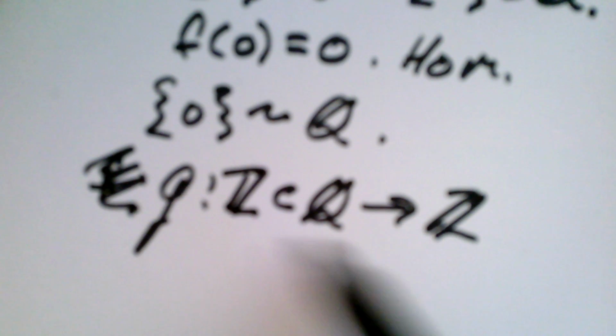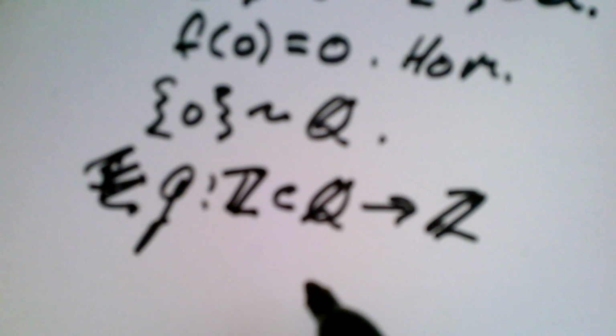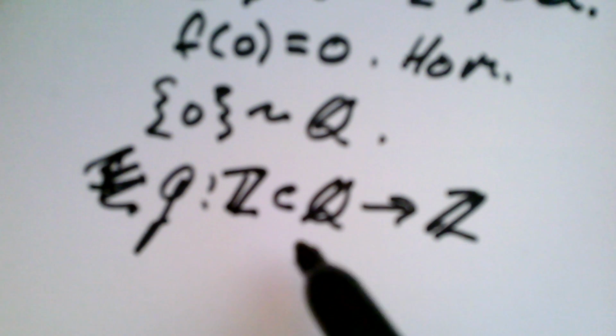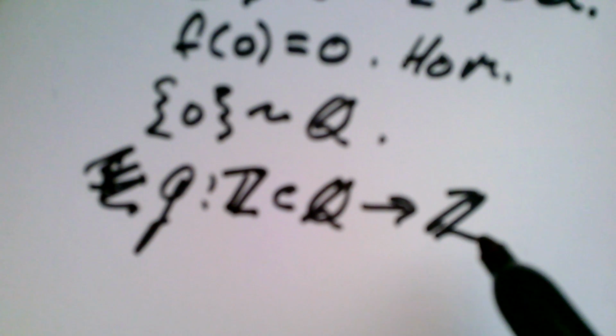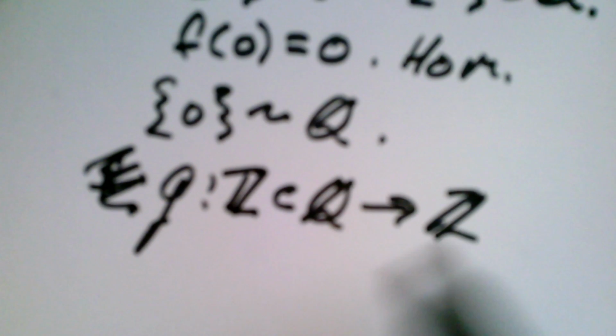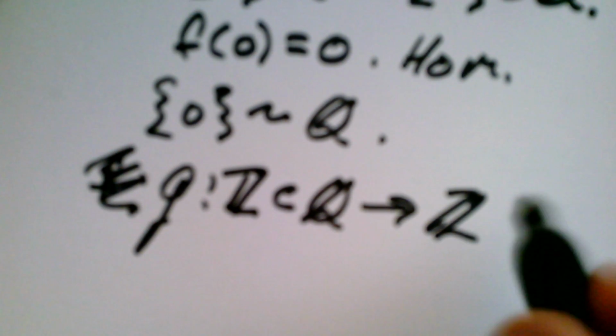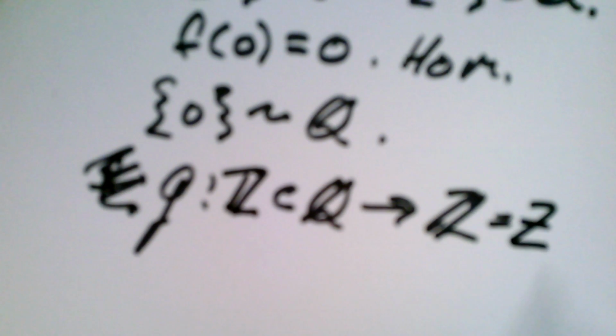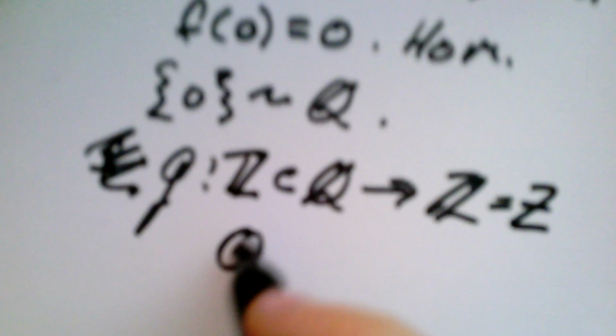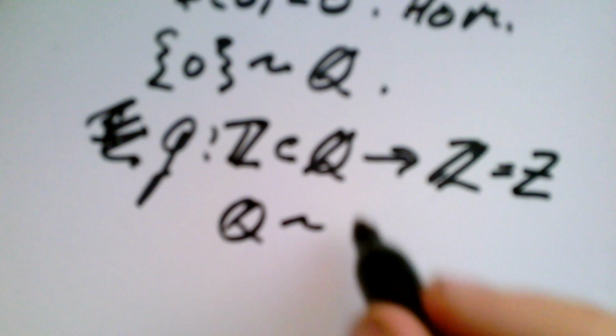And every subset of Q is comeager in Q. So this is a comeager subset of Q, and it's homeomorphic to Z, which is a comeager subset of Z. So this is a homeomorphism between comeager subsets, so Q is almost homeomorphic to Z.